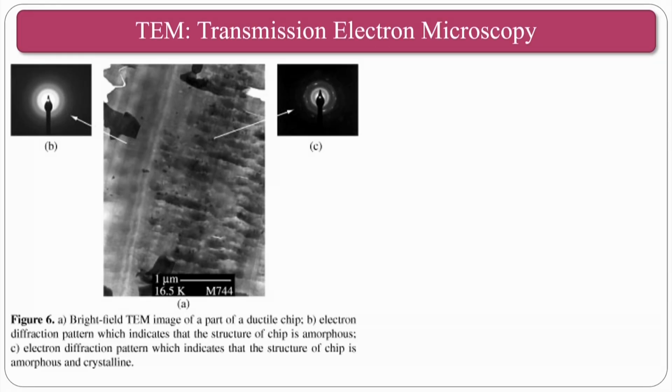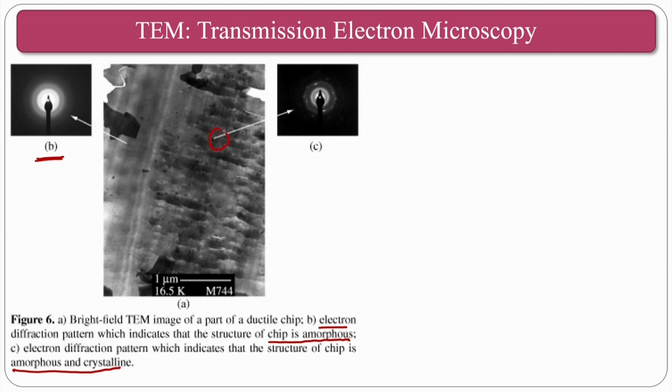If you see the chip, it will have different zones. One is a free end, another one is a machined end. If you see both ends, this region is called the SAD pattern. Normally, B shows the amorphous nature and C shows crystalline as well as amorphous.